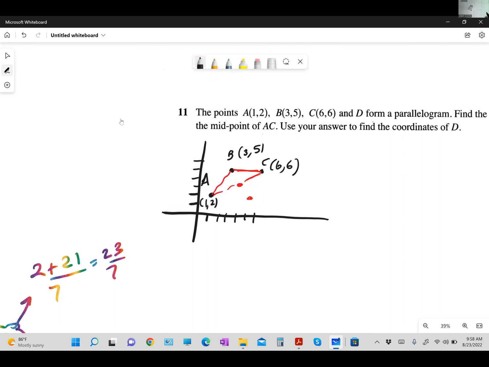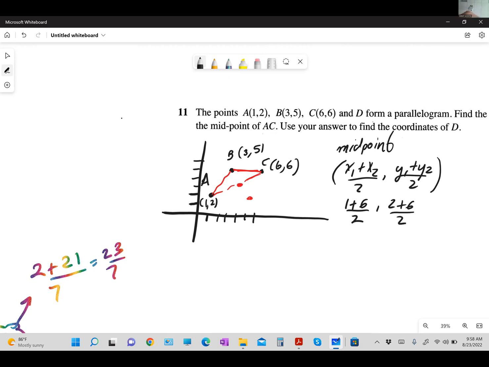So we have the midpoint, right? The midpoint is x1 plus x2 divided by 2, comma, y1 plus y2 divided by 2. Agreed? So that's going to be 1 plus 6 divided by 2, and then 2 plus 6 divided by 2.